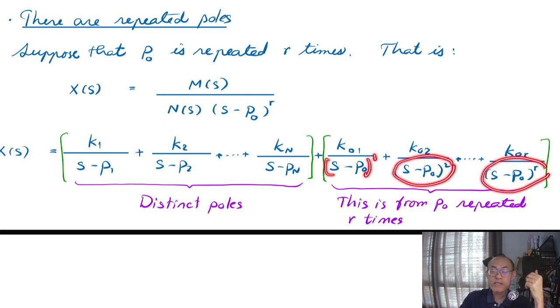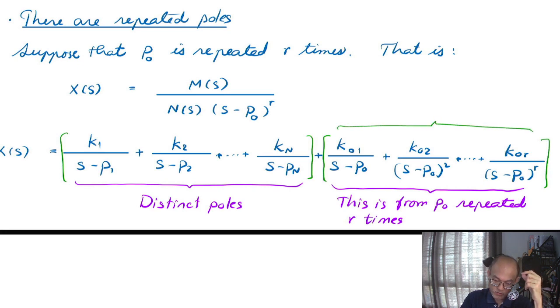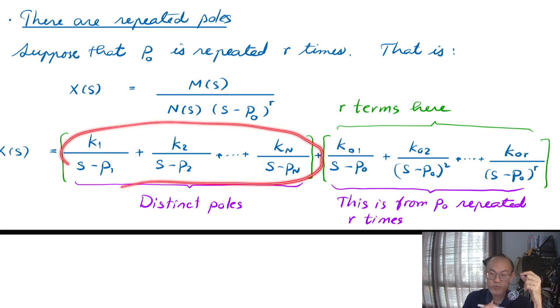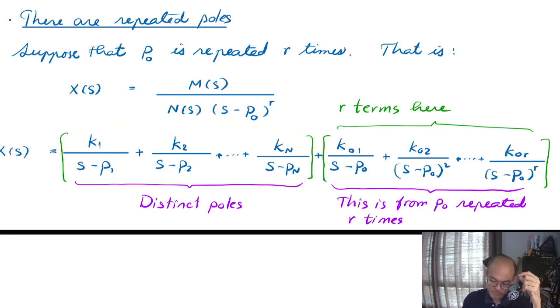So we see that there are r terms, which is exactly the number of times pole 0 is repeated. Okay, r terms here. And for the distinct poles, we just write down as usual, just as in the first case.